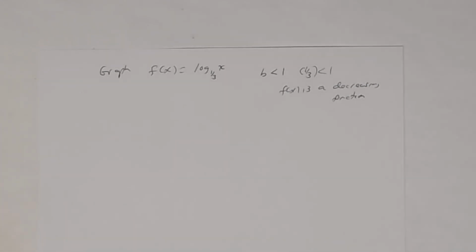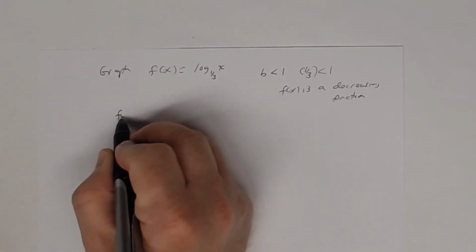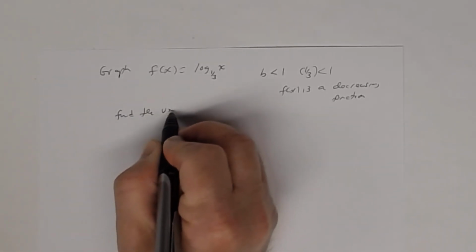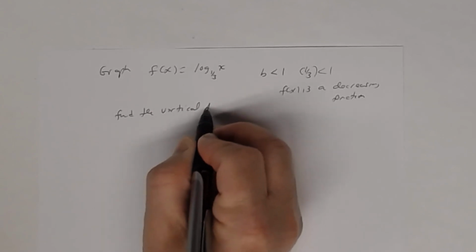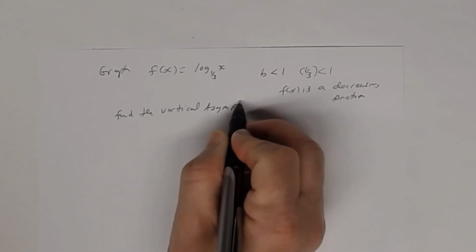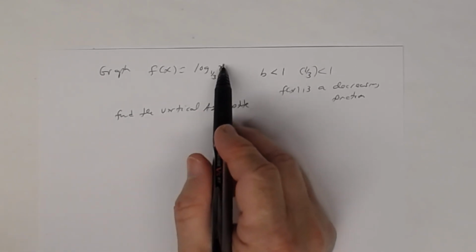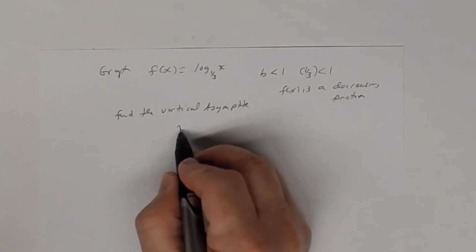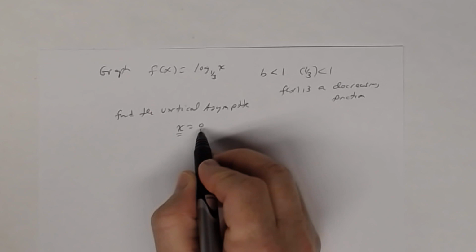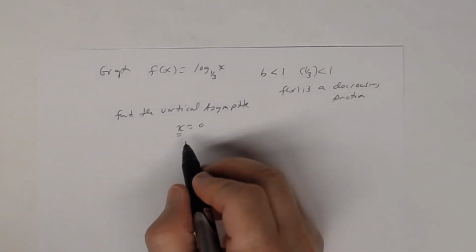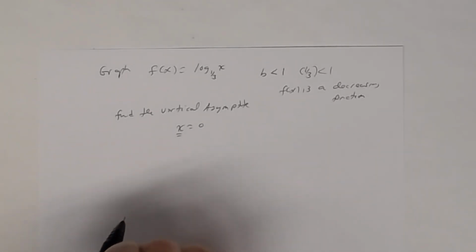All right, so just like we did before, we're going to find the vertical asymptote. And to find the vertical asymptote, which you probably already know what it is, we take the argument and we set it equal to 0. So x equals 0. Take that argument, set it equal to 0, and solve for x. Well, x is already by itself, right? So there's the vertical asymptote.